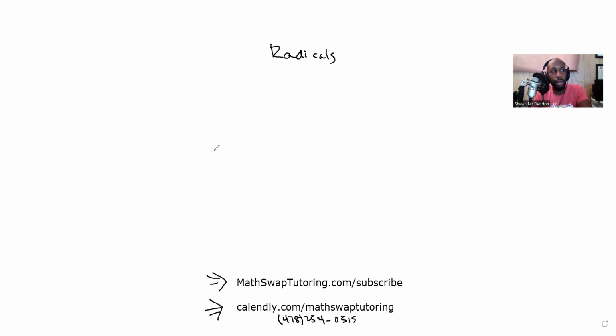All right, radicals. So all a radical is, is a way of expressing a rational exponent that is in the form of a fraction. Let's make that make sense. By the way, this is related to roots.